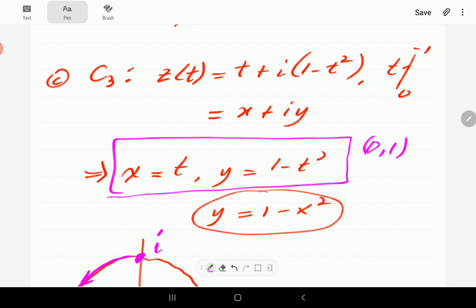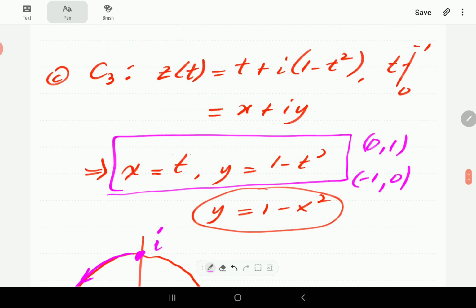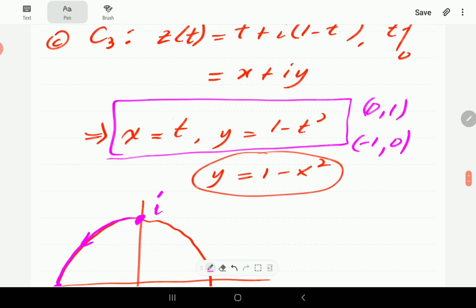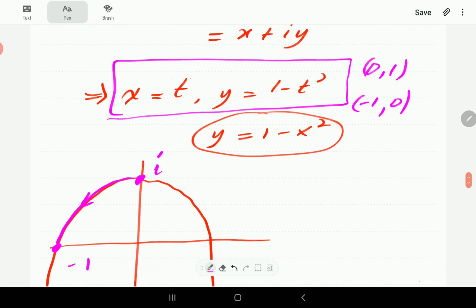When t is -1, then x is going to be -1 and y is now going to be 0. So as t changes from 0 to -1, then we trace this parabola, which is going to be the segment that we're interested in.